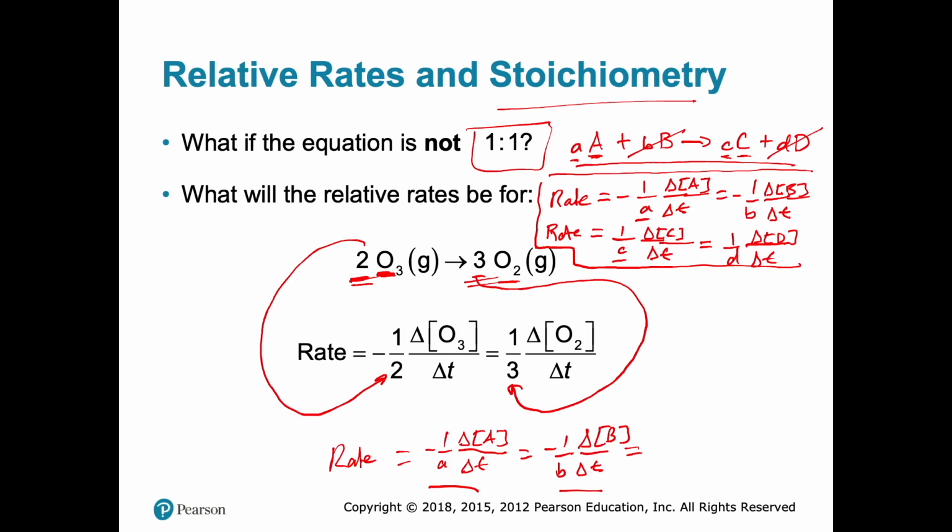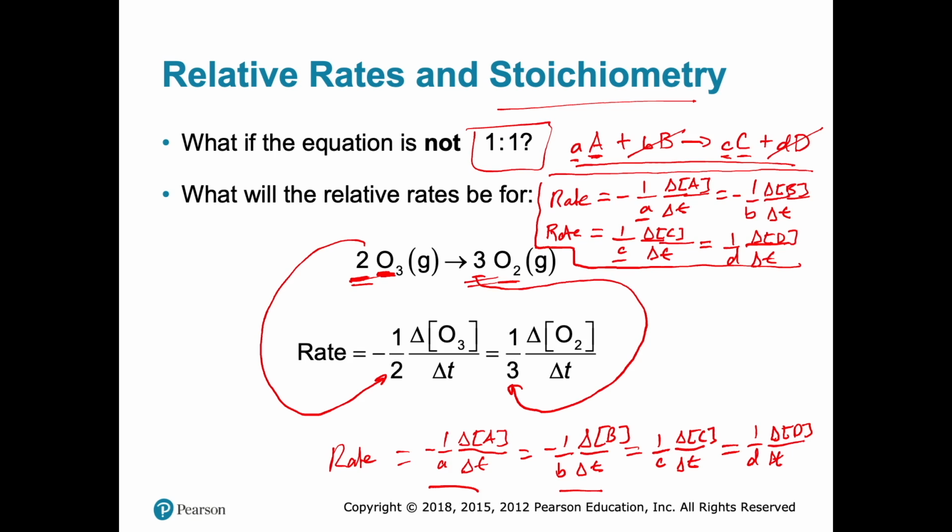But then we come over here to the products now, and it's positive, so now you can just write equals 1 over little c times the change in big C's concentration over the change in time. And then the same thing is also true of D, 1 over little d times the change in concentration of big D all over the change in time.